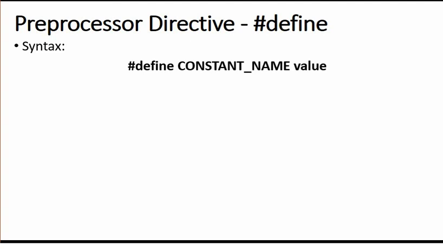So instead of walking around and referring to the actual value, we can just walk around and refer to the value as this name. And this is actually done after your preprocessor directives, pound include. You will use this one between your pound includes and your int main.